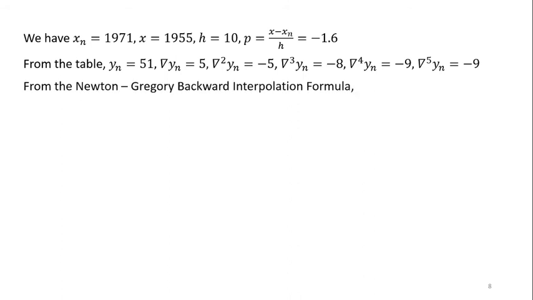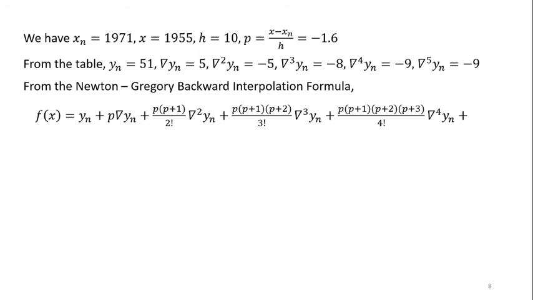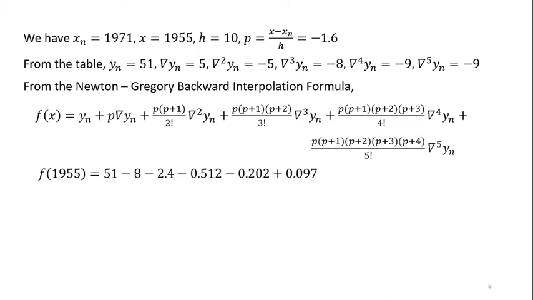Now write down the Newton-Gregory backward interpolation formula and substitute these values. If we simplify this, we get f of 1955 as 39.983. That is, the population of the year 1955 is 39.983 lakhs.